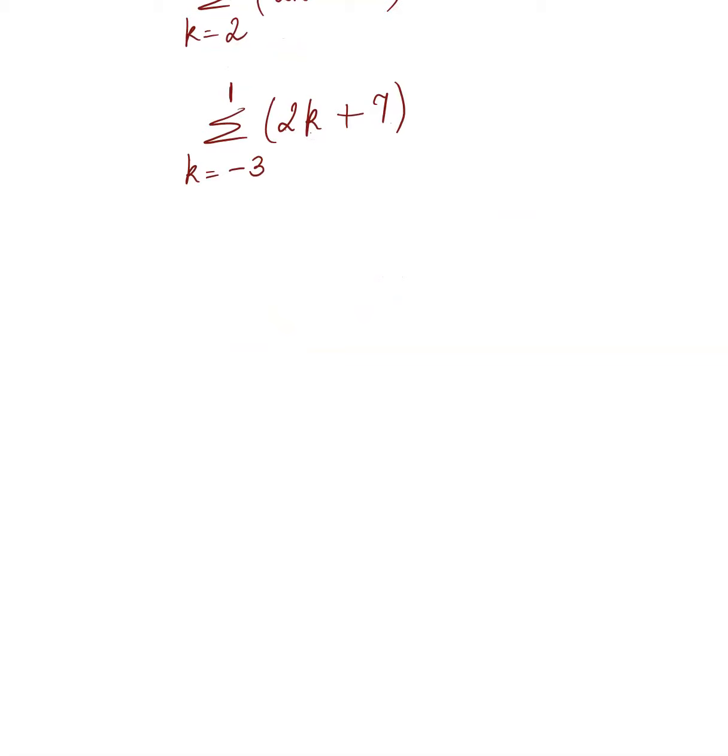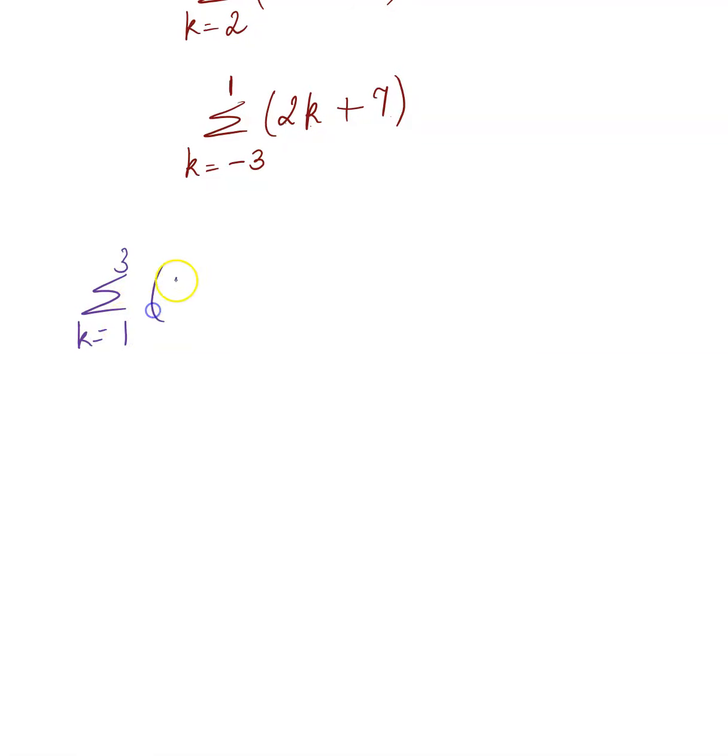Now, if our question wanted us to find, say, the summation from k equals 1 to 3 of k plus 4, we can use the sum rule here. The sum rule says if you have a sum like this under your summation, then you can split them up as individual summations.